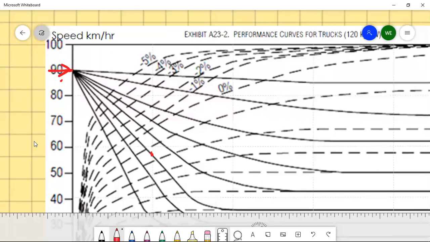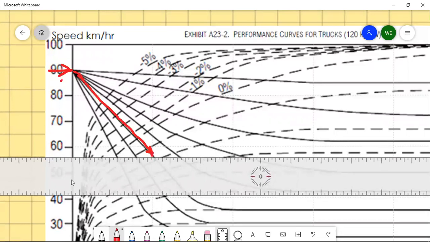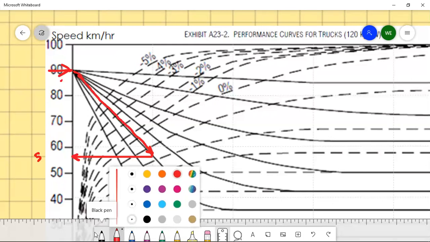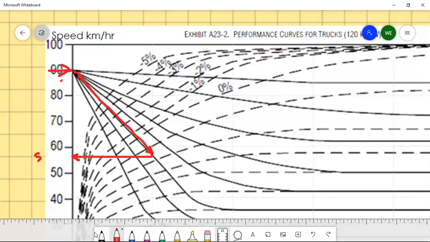That means the truck will drive on this, then exit that segment at that speed. When it exits that segment, it's going to be almost 56 or 57 kilometers per hour.